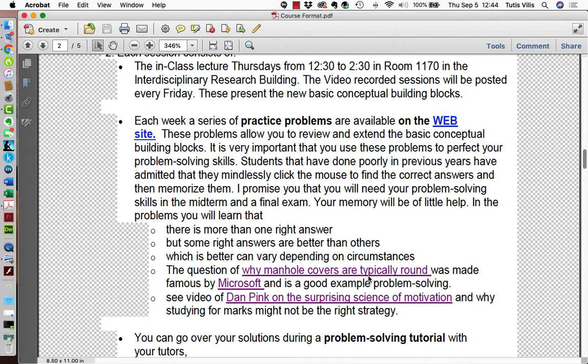He covers in this book an experiment that was done, and the experiment was a problem. The problem was the following. You have a matchbox with a few matches in it, and you have a candle. The idea is to attach the candle to the wall so it holds on its own without dripping.